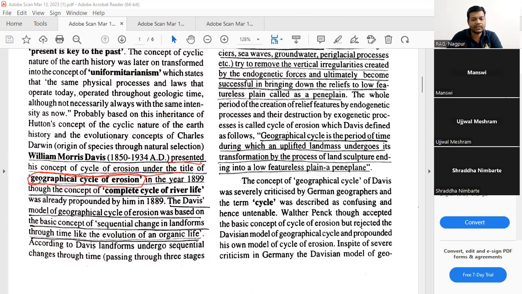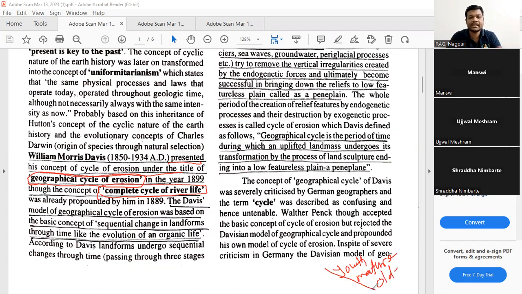So the concept of complete cycle of river life, because river geomorphology, the river cycle, presents the most perfect or unique type of features. It presents youth, mature, and old stage.